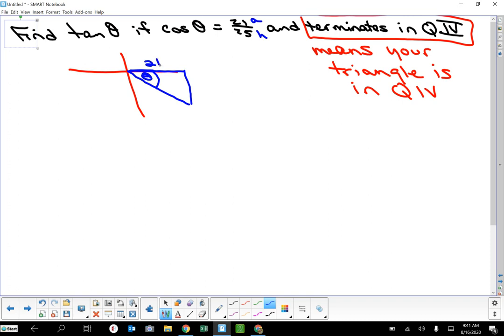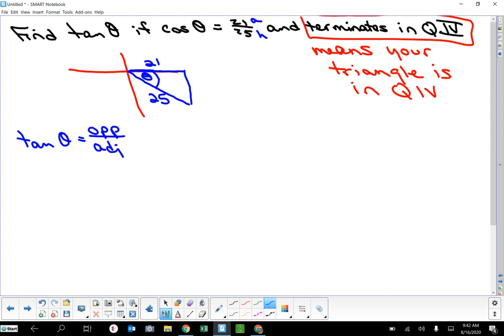Adjacent would be the x side. Hypotenuse is going to be this side. And so it says to find tangent. Well, tangent is, I'm sorry, opposite over adjacent. I need an eraser. It is opposite over adjacent.